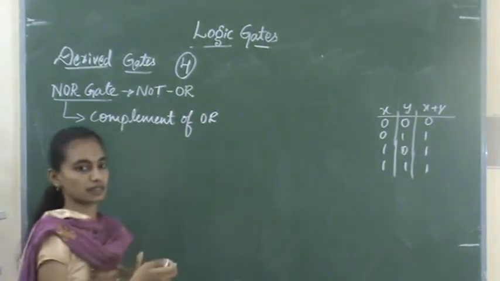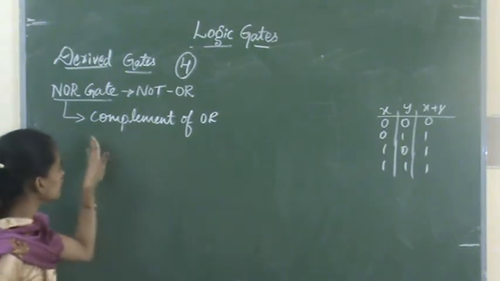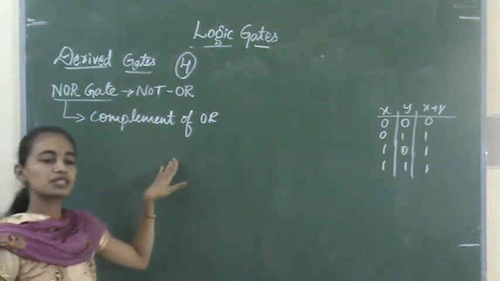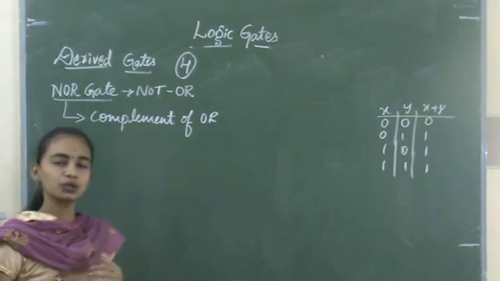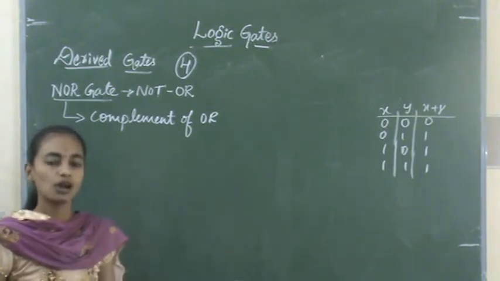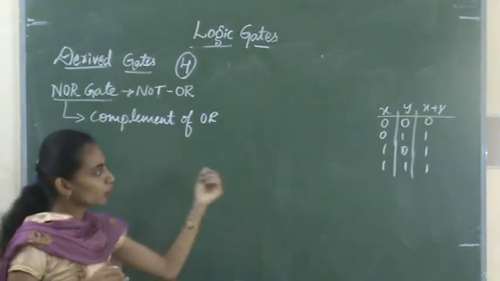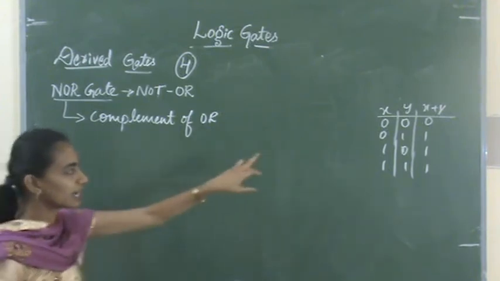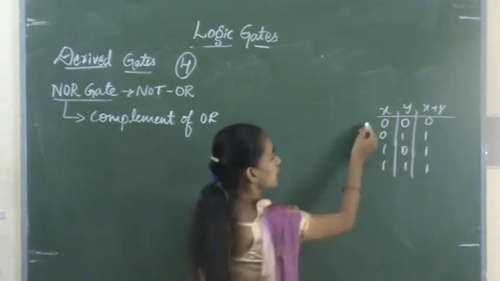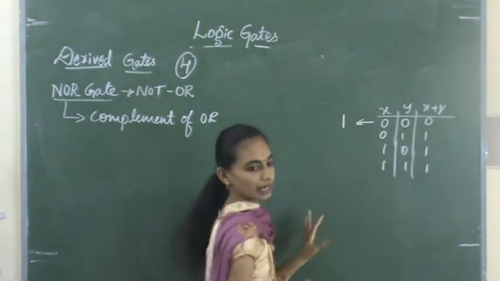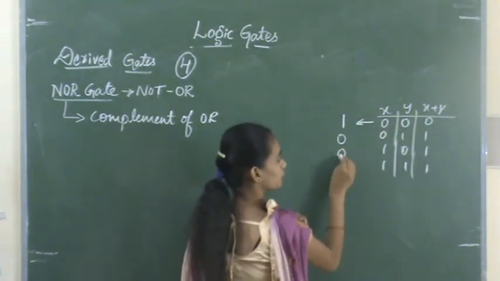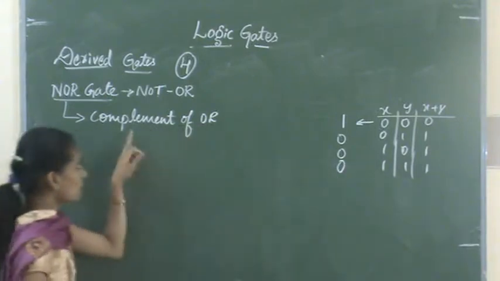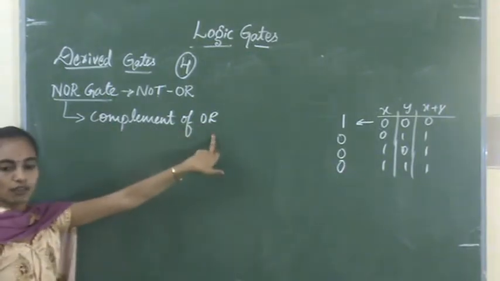Complement means reverse, right? So this NOR gate produces the output 1 when both the inputs are 0. So when both the inputs are 0, the output will be 1, otherwise 0. This NOR gate is the complement of the OR gate.